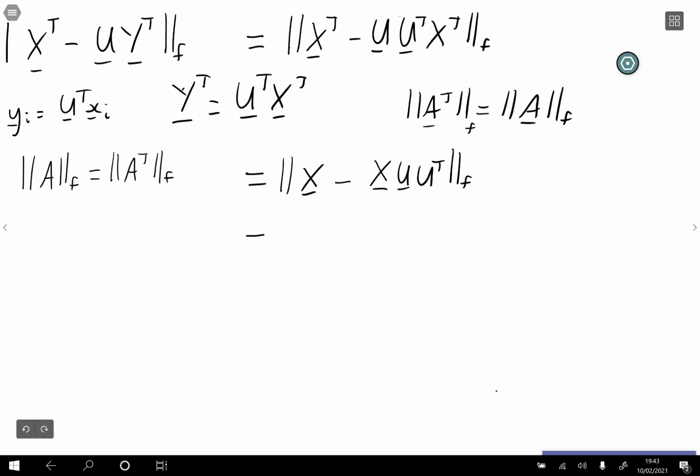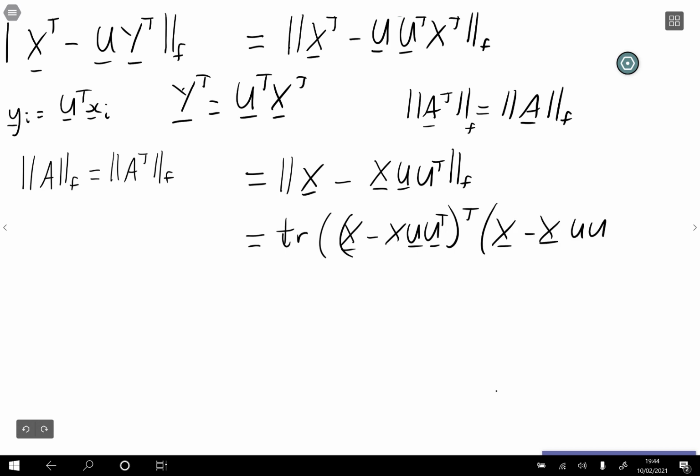Now the next thing to remember is that we can write the Frobenius norm as the trace of the matrix transposed times itself. So this is going to be the trace of X minus X U U transposed, transposed, times X minus X U U transposed.